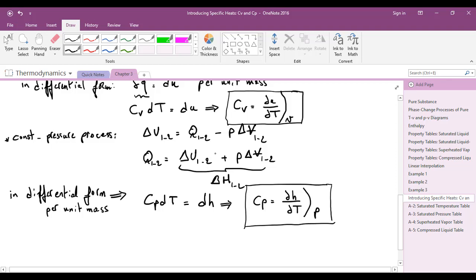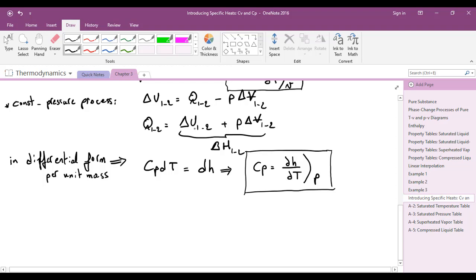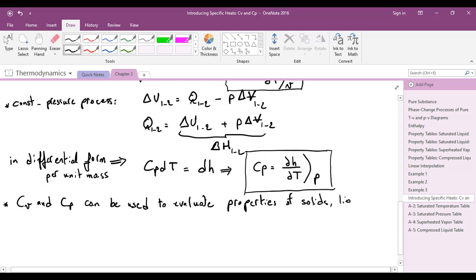So these properties, Cv and Cp, can be used to evaluate the properties of solids, liquids, and ideal gases.